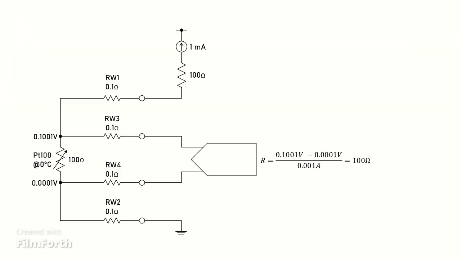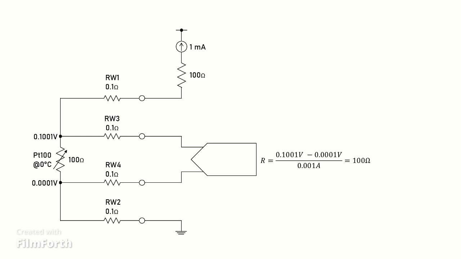This is what the 4-wire configuration looks like. Notice that the measuring circuit is directly connected to the RTD via RW3 and RW4. RW1 and RW2, therefore, are not included in the measurement.